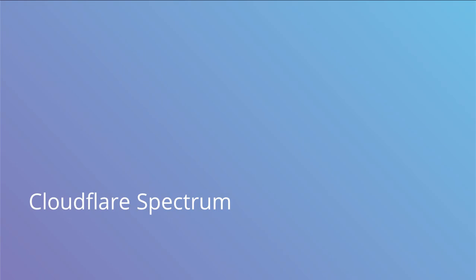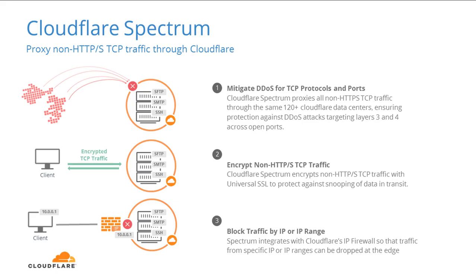Next, we're going to talk about Cloudflare Spectrum. Cloudflare Spectrum is an ability to handle non-HTTP, HTTPS, TCP traffic through Cloudflare. So if you wanted to funnel your SMTP traffic or SSH and have that run securely, encrypted through Cloudflare's infrastructure, we are now able to support that.